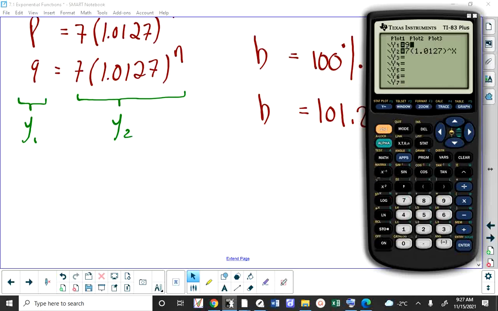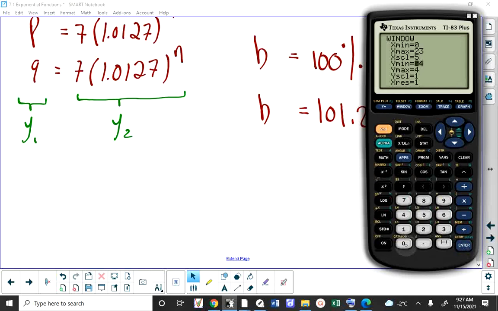But if you want a precise number, then we can do it graphically. I'm going to put 9 here. Now that I know it happens around 20 years, I can go to my window settings and go up to, I might go up to 22 or 23.